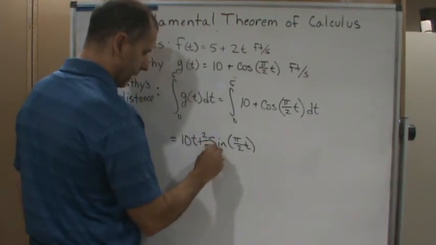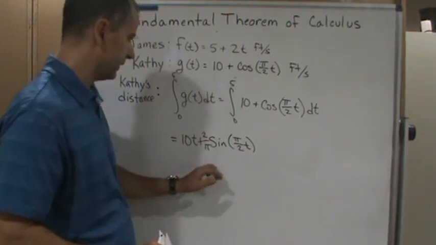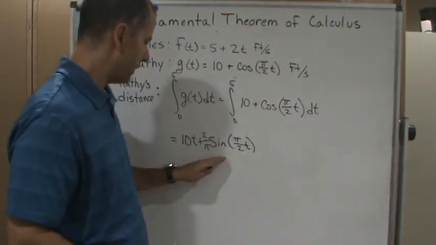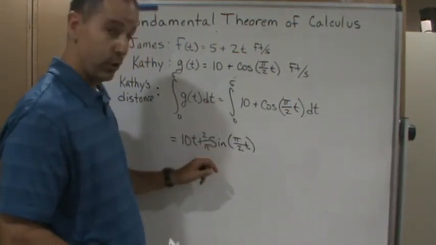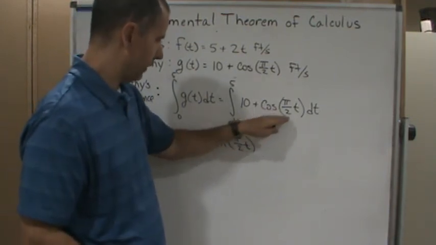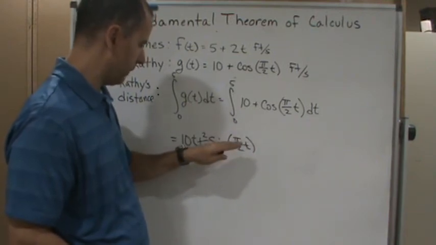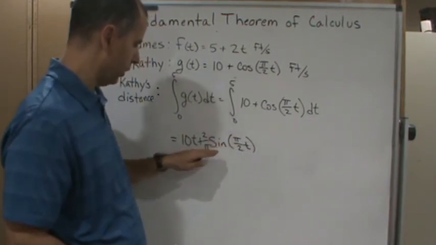2 over pi. Now, if you ever wonder, just take the derivative of this thing. See if you get back to this. So how do I take the derivative of this? Well, I use the chain rule. The derivative of sine is cosine. Then I multiply by the derivative of the inside, which is pi over 2. Well, look at that.